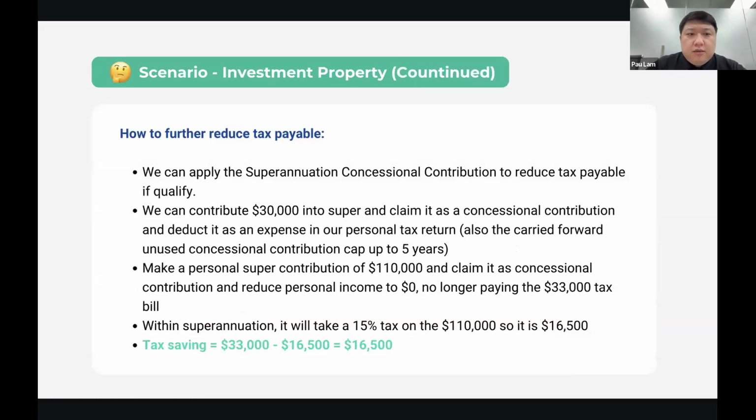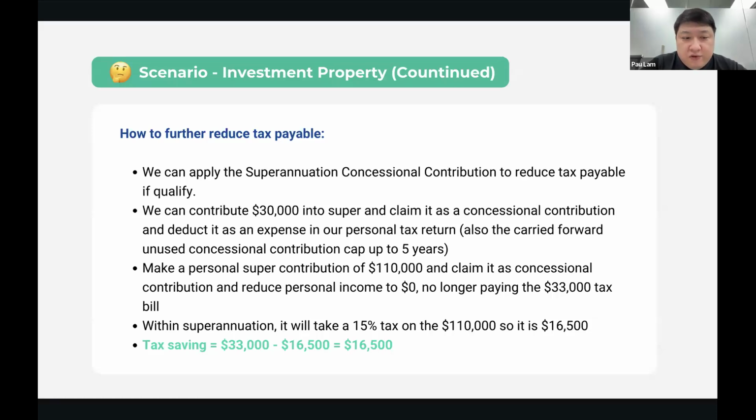To further reduce tax on this, there are strategies we can look into, which is with super. If you qualify, you can make superannuation concessional contributions to reduce the tax payable. The concessional contribution is currently capped at $30,000 per year. So everyone can claim up to $30,000 as a concessional contribution that becomes a deduction in your personal tax return, minimizing the income you have for the year.